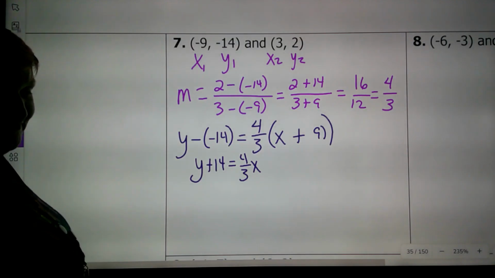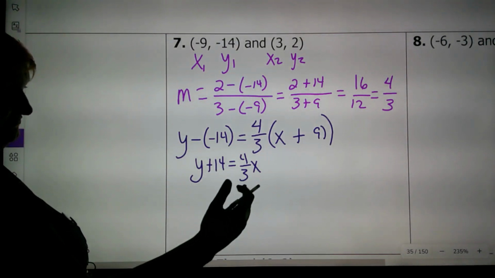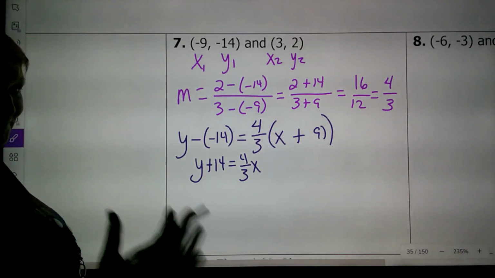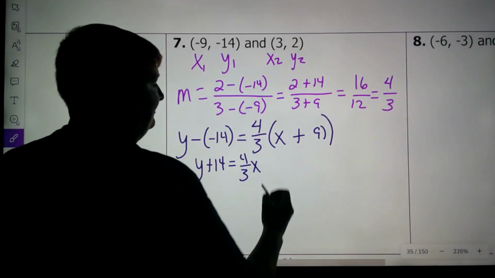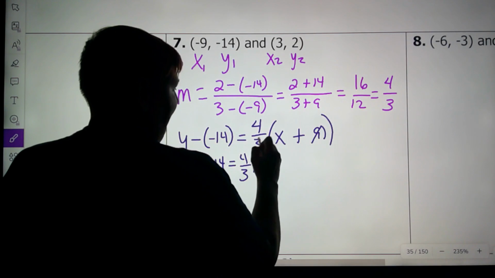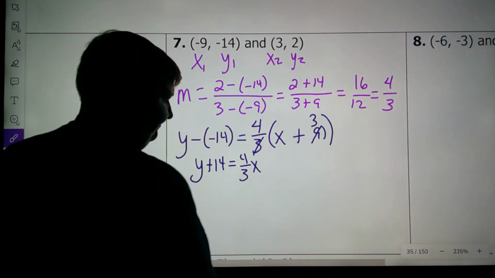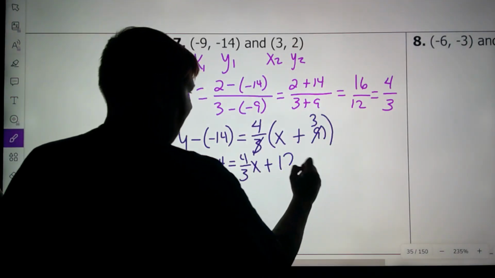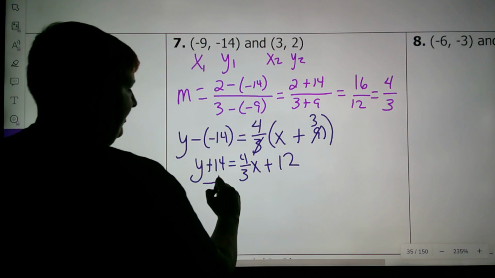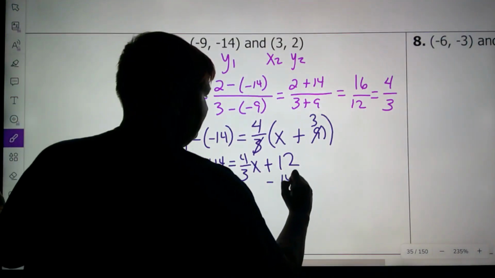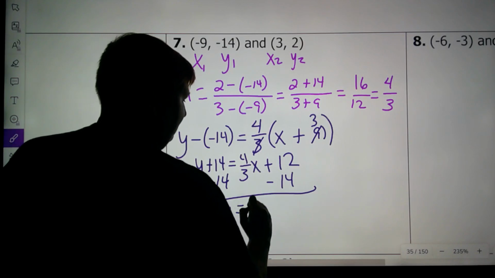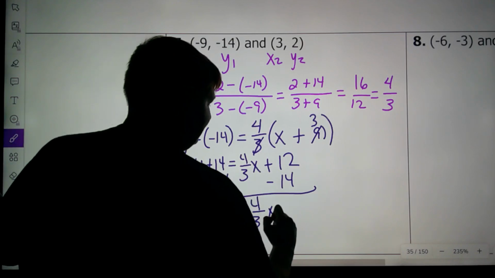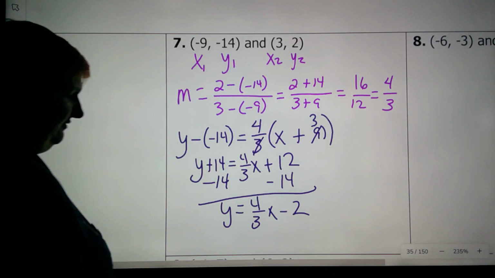I just saved myself a whole step. Once you've understood the process, you can start skipping steps. All right, 9 divided by 3 is 3. 4 times 3 is 12. Subtract 14 from both sides. Y equals 4 over 3x minus 2.